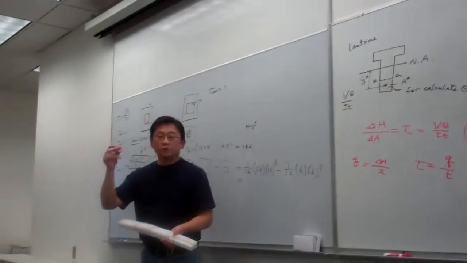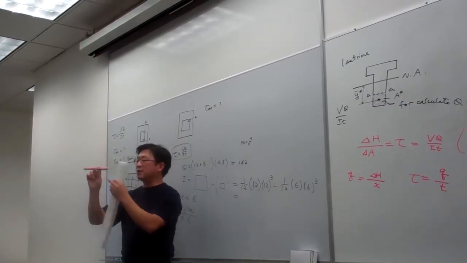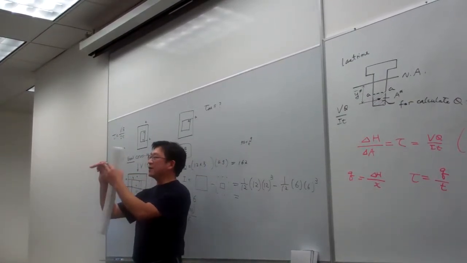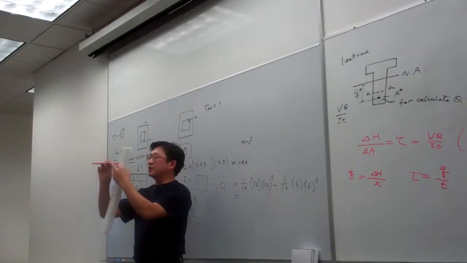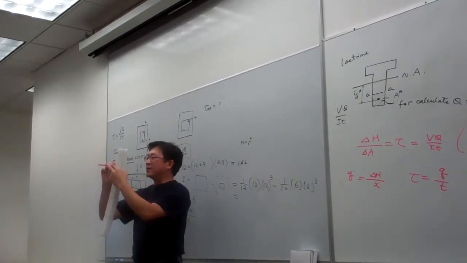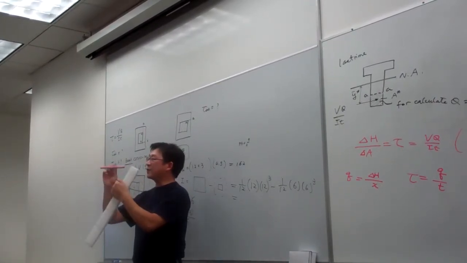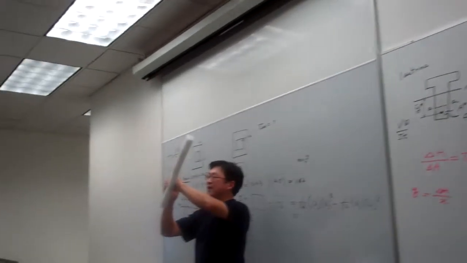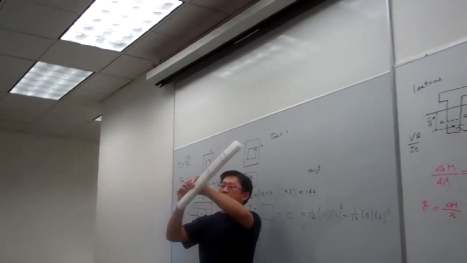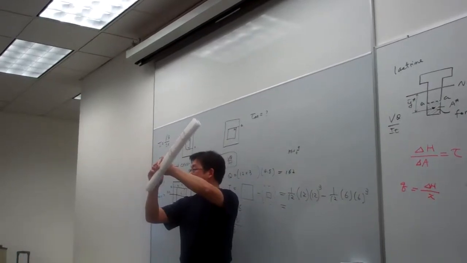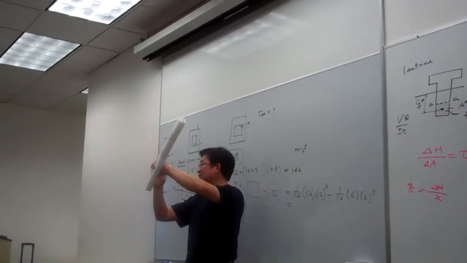Again, once we know the q here and here, we simply divide. For example, if the q on this edge is q1, then I simply divide q1 by the corresponding thickness here, that is this dimension t. Then that is the average stress.